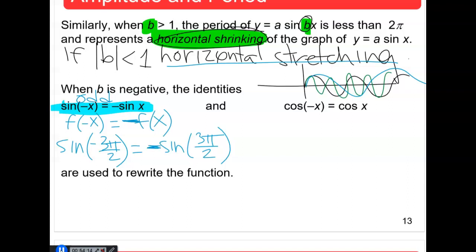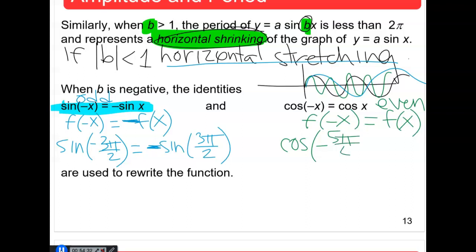Okay, so for cosine again, it is even, and it satisfies the equation f of negative x is equal to f of x. So for example, if you had the cosine of negative 5 pi over 4, that will be the exact same as cosine of the same angle, but positive, of 5 pi over 4.